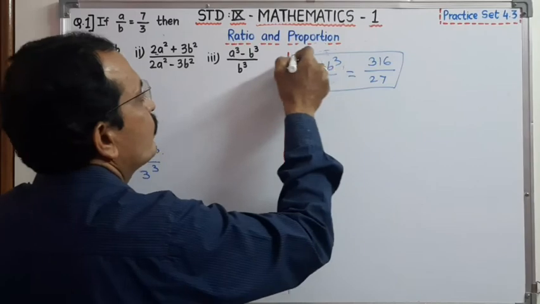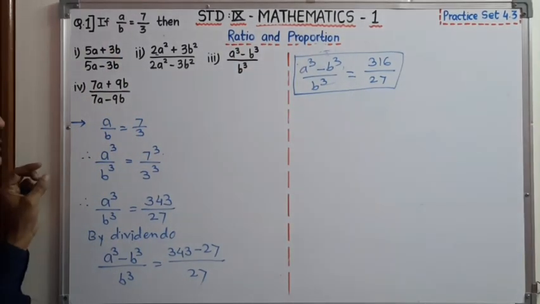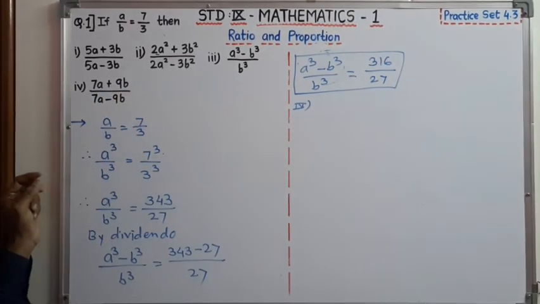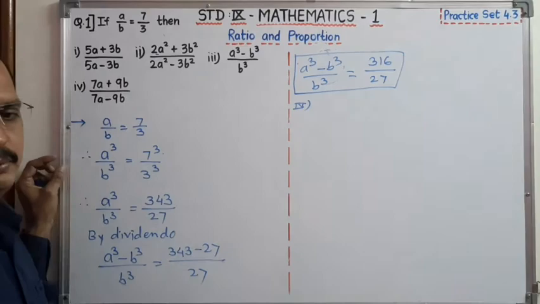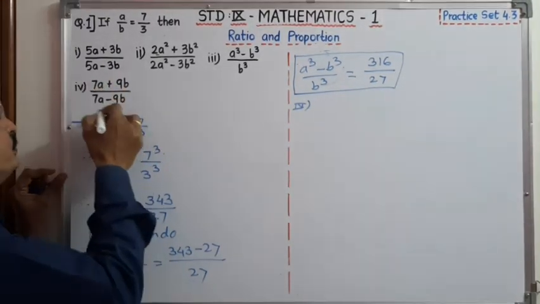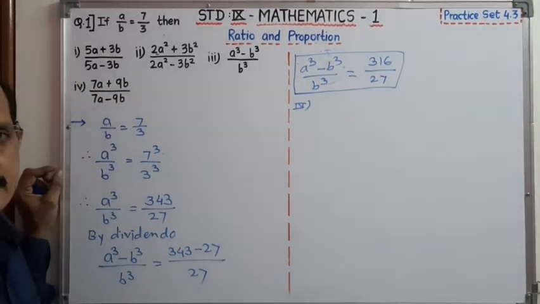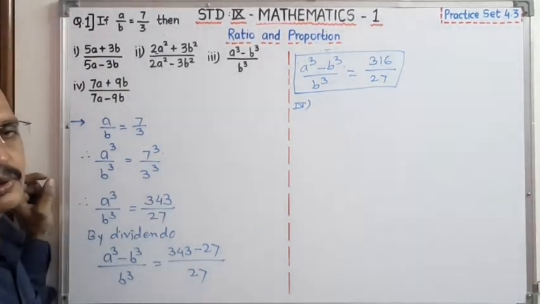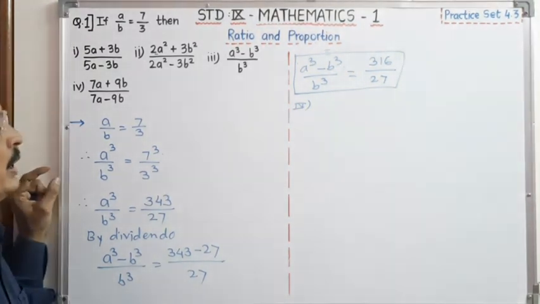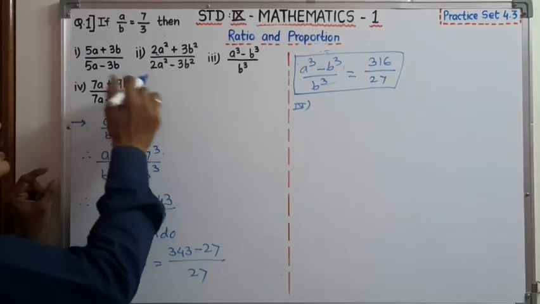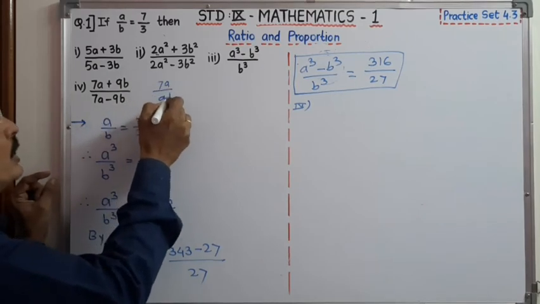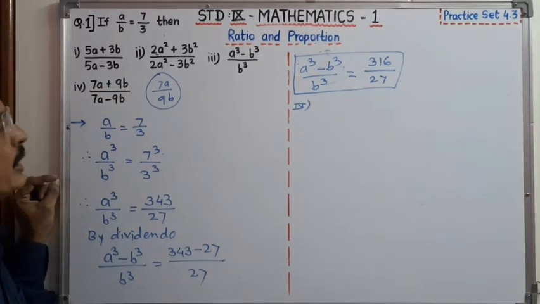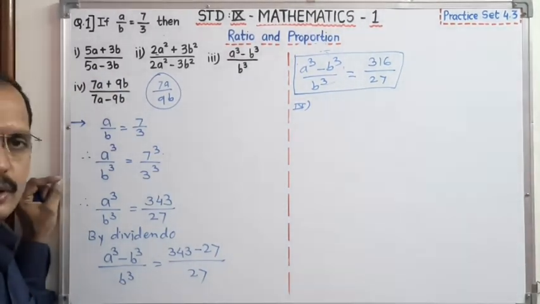Now, dear student, the last one is the fourth one, 7a plus 9b and 7a minus 9b. Now, dear student, which operation is applied here? In the numerator addition and here subtraction. Therefore, it is componendo-dividendo, and for that purpose we require 7a upon 9b. Now if we get 7a upon 9b, then we can apply componendo-dividendo.